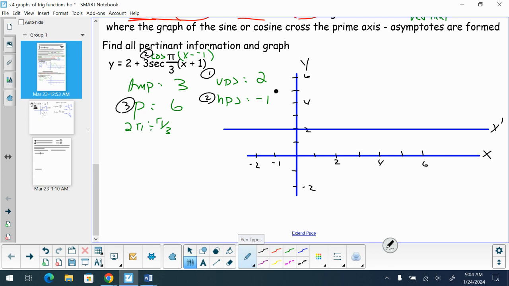Look at the period. If we go 6 away, we have to be at the exact same spot. So if we're at -1, it goes 6 away. We should be at the exact same spot. So that should be at 5. Gains of halves, halfway between -1 and 5.